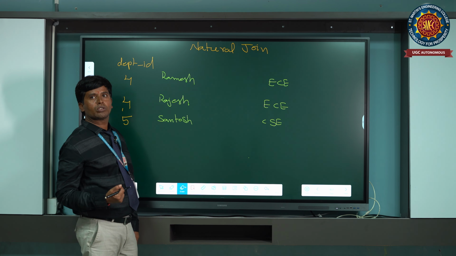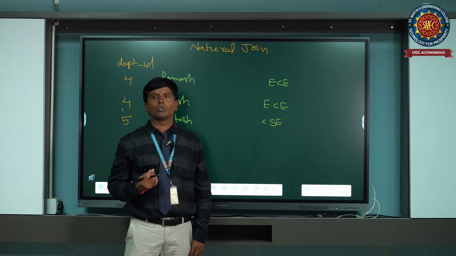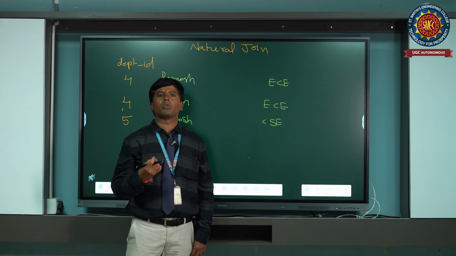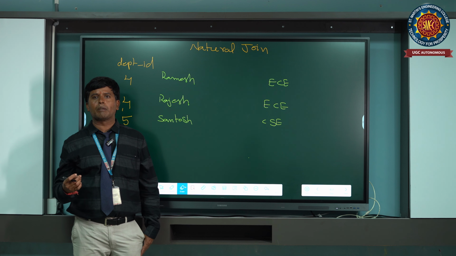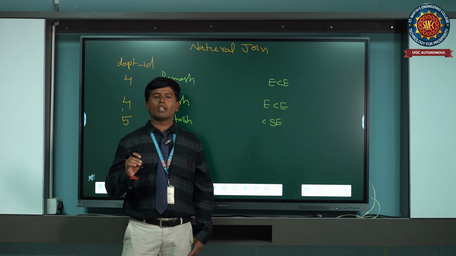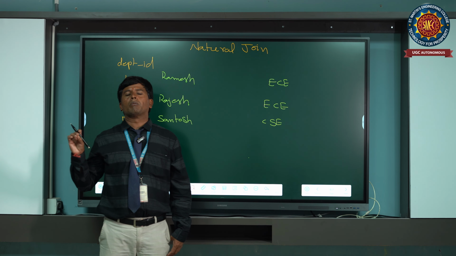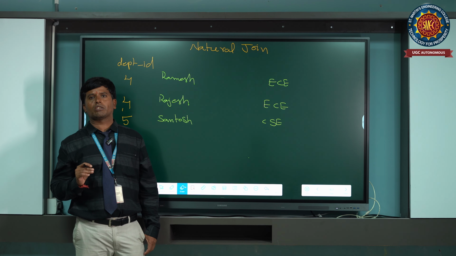While creating views, we use simple views and complex views. If we create a view on a single table, that is called a simple view. If we create a view using 2 or more tables, then the view is called a complex view.